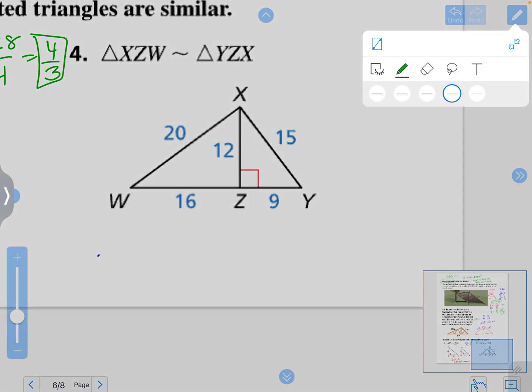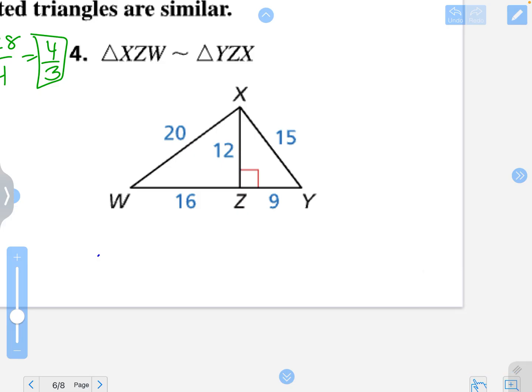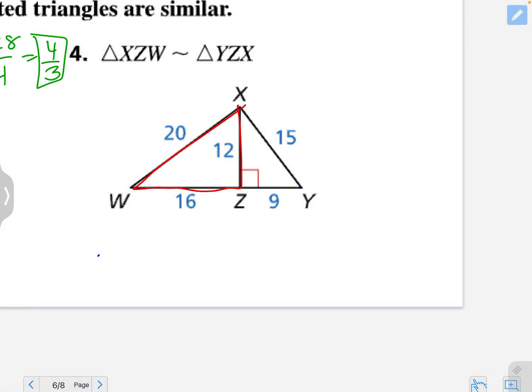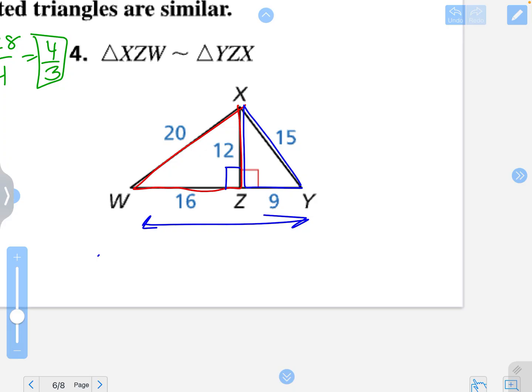And so here we've got XZW, so this triangle right here, and then we have YZX. We know that WY is a straight line, which means that this is also a right angle.